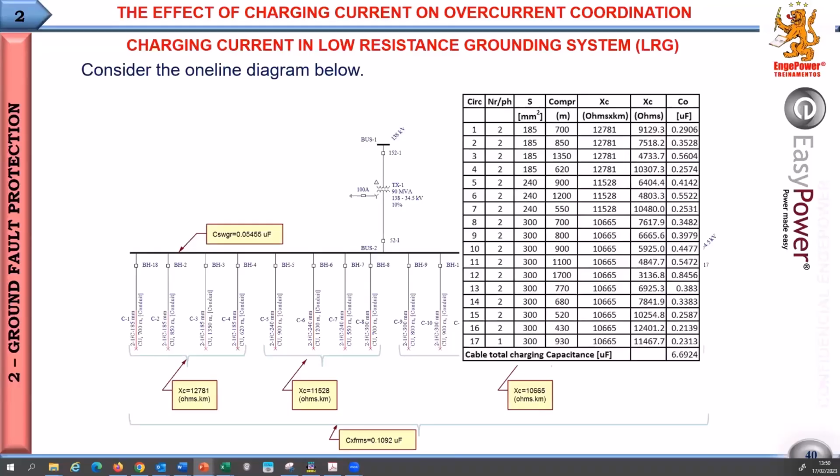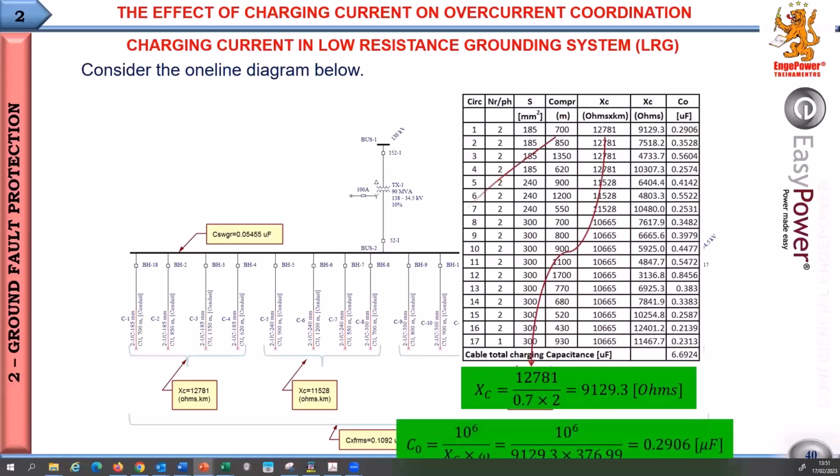The number of conductors per phase, the cross-section, the cable length, the electrical parameter given by the manufacturer. These two columns are calculated as shown here. XC will be this value divided by this and divided by the number of conductors per phase. So we are going to have this value here.